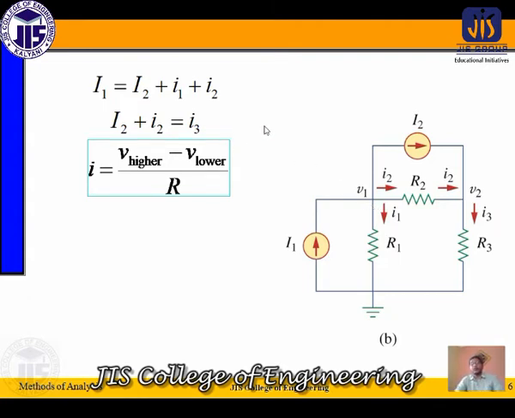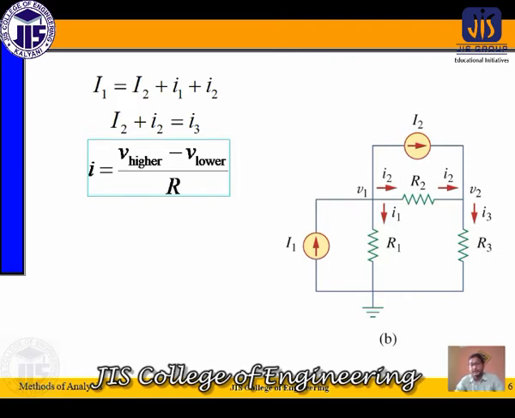Now one thing we have to put over there: what is the current? We know the current is nothing but the potential difference across any branch divided by the resistance of that branch. So how can we consider the potential difference? This is the general formula, I equals V by R, that we all know. V is nothing but the potential difference.